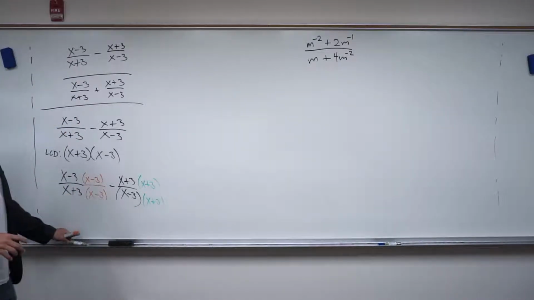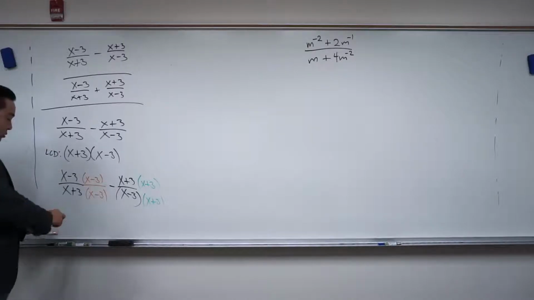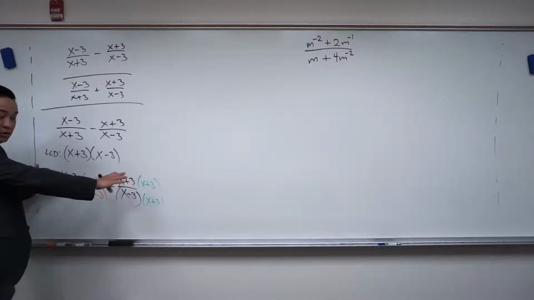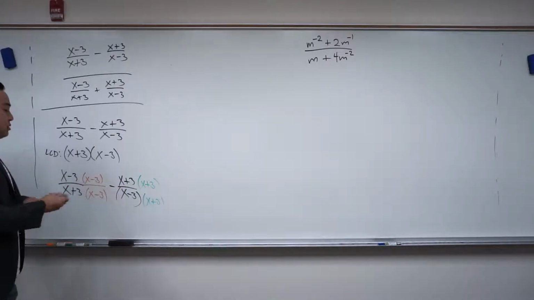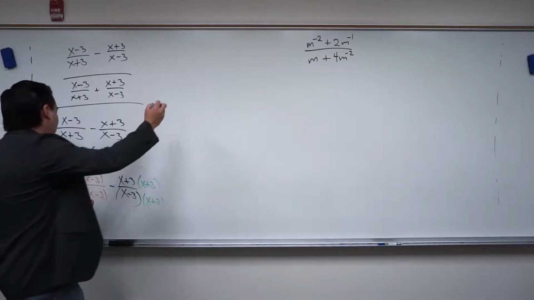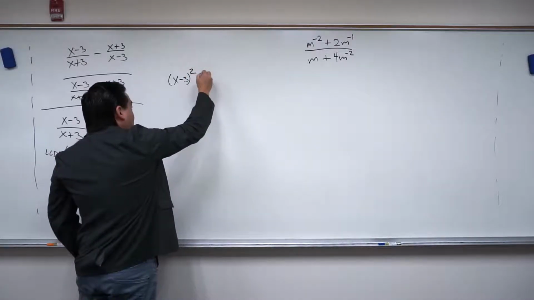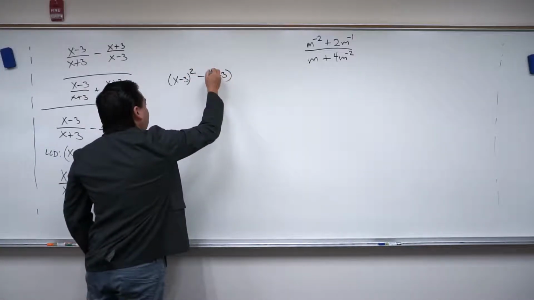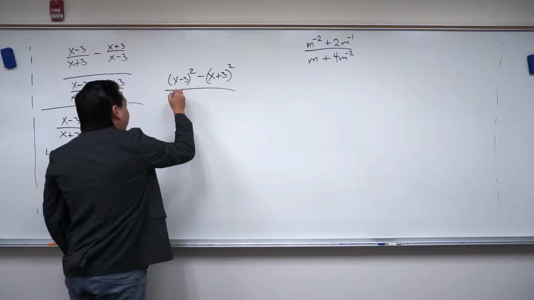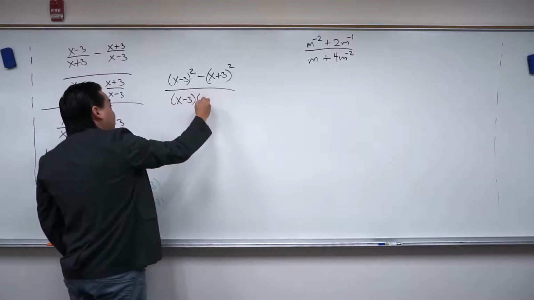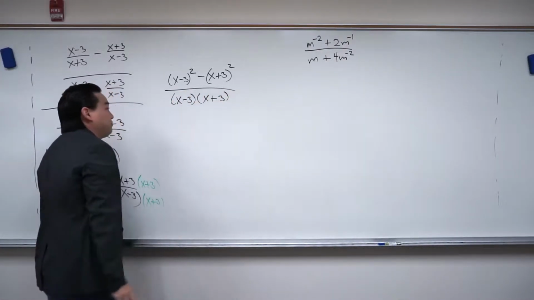So once you have all that written out, we can add the top or subtract the top and keep the bottom. So this entire thing ends up being x minus 3 squared minus x plus 3 squared, all divided by the product of each.